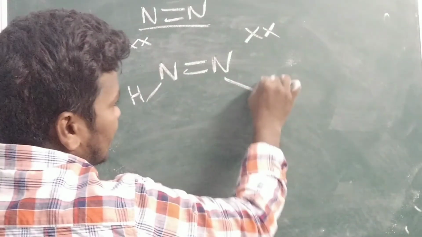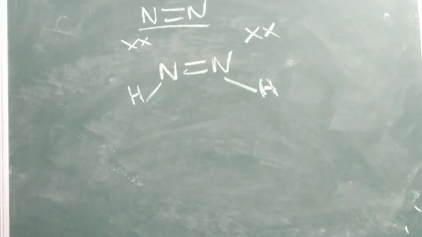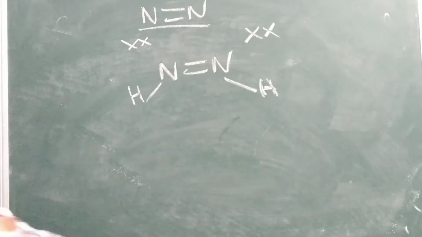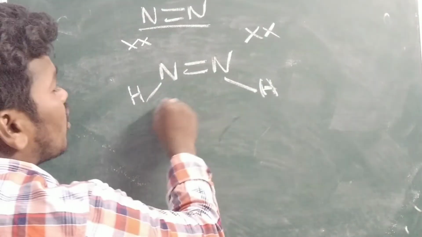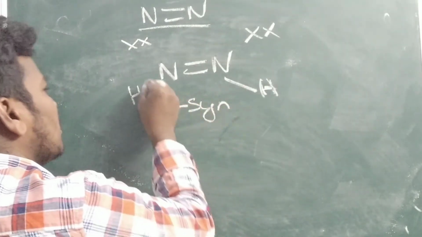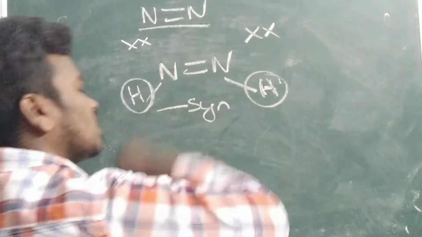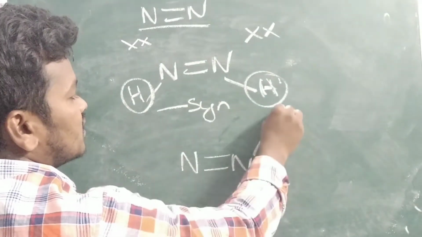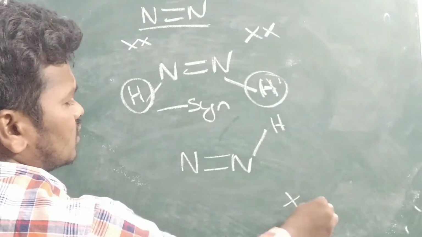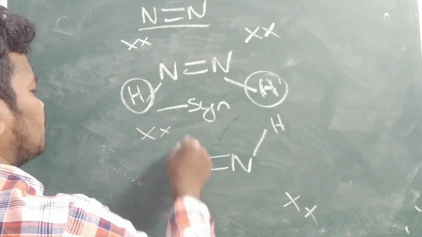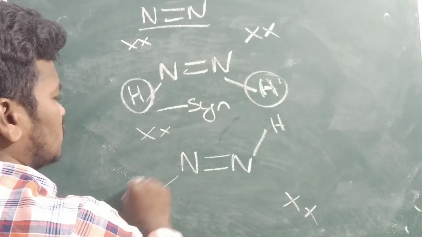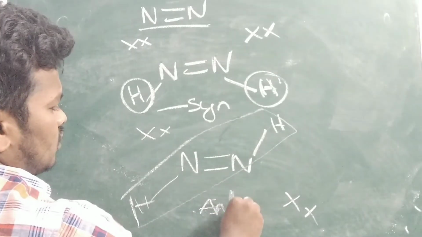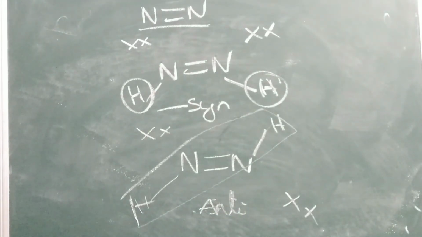With respect to the hydrogen, when the same type of atoms or groups are presented on the same side, this is called syn. Opposite presented, hydrogen presented here. You just rotate, and after rotation it forms the opposite side, diagonally. That is anti. One is syn, another one is anti.